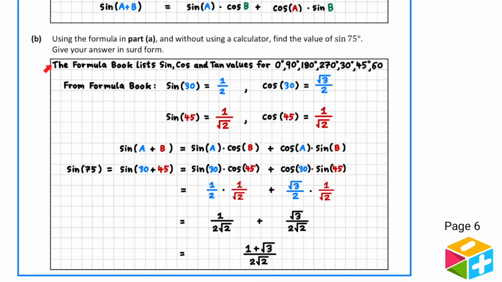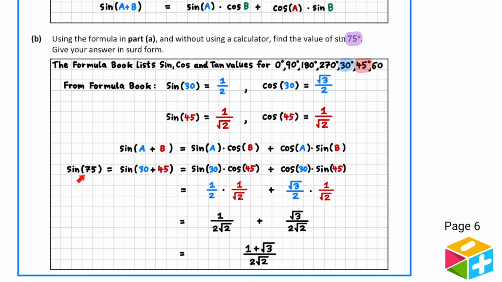If you turn to the appropriate page, you'll find the sine, cos and tan values for 0, 90, 180, 270, 30, 45 and 60 degrees. The target angle, 75 degrees, can be written as a sum of two of these. 75 is equal to 30 plus 45.